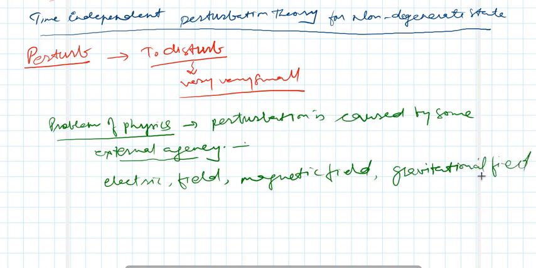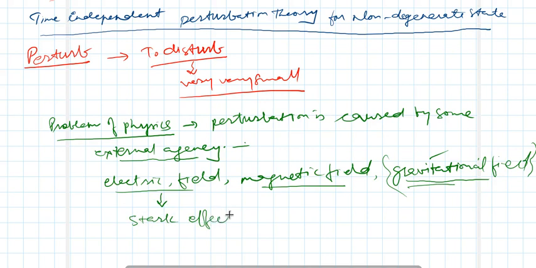But in quantum mechanics, we will not worry about gravitational field in this context. So we will talk in terms of electric field and magnetic field. When perturbation is caused by electric field, it leads to Stark effect, and when it is caused by magnetic field, it leads to Zeeman effect.